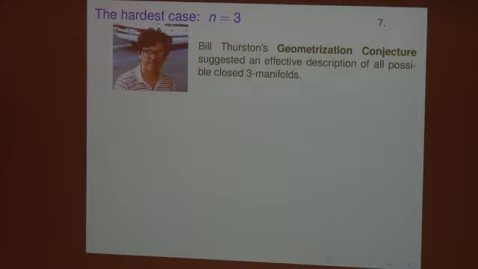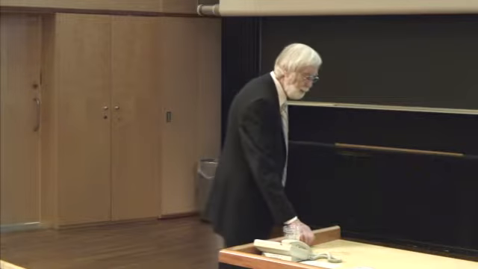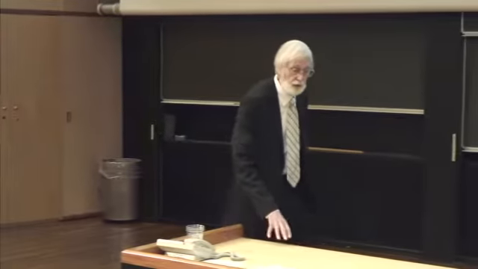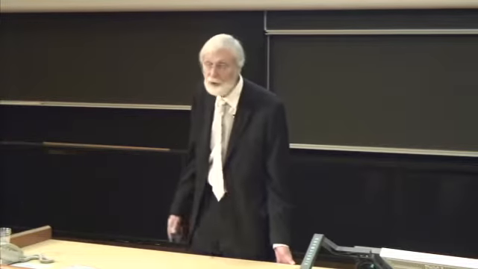So the conjecture not only included the original Poincaré hypothesis, but it gave a complete picture of how to understand all possible three-dimensional manifolds. And he proved this conjecture in many interesting cases. But his work certainly couldn't handle the original case of the Poincaré hypothesis.